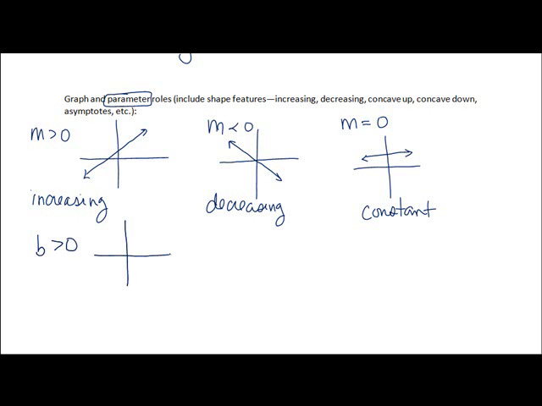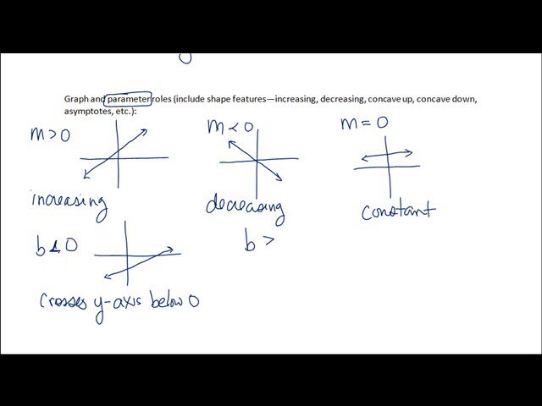Okay, and if that's the case, your graph crosses the y-axis below 0, or below the x-axis. Oops, wait, let me fix that. That's not right. If b is negative, the graph crosses the y-axis below 0.